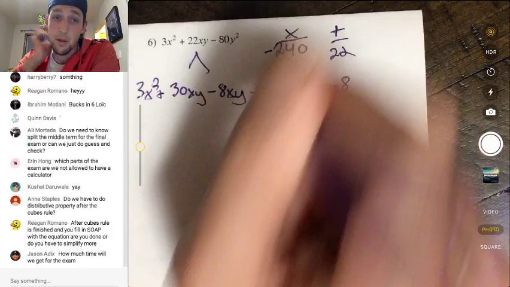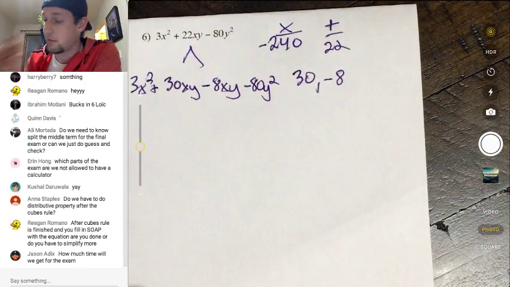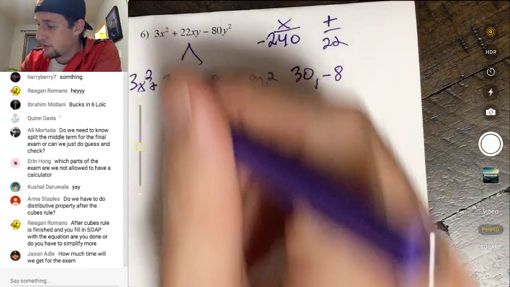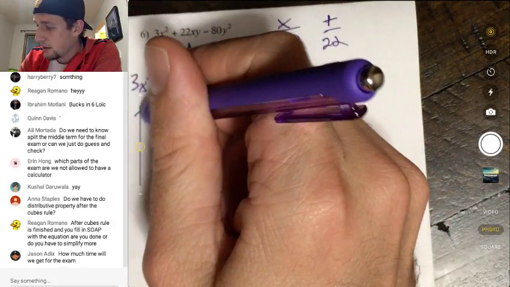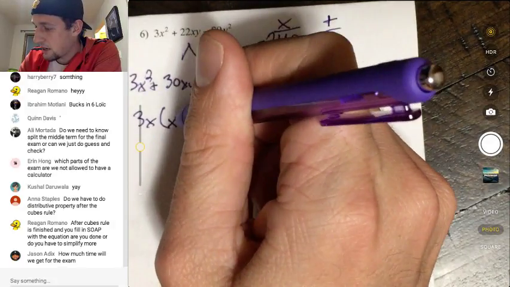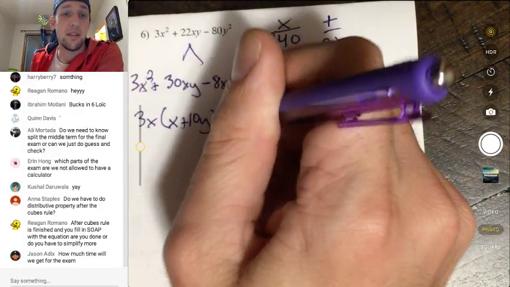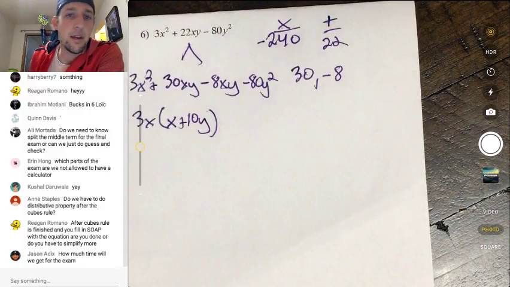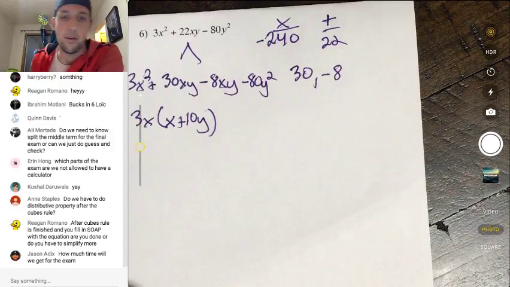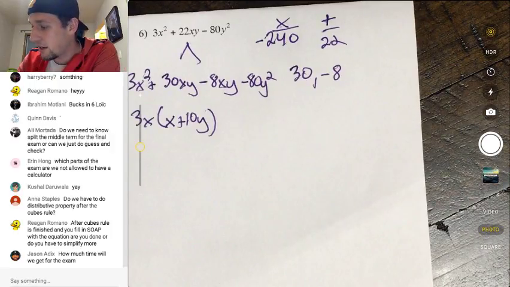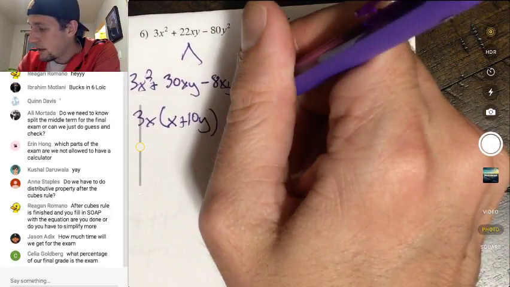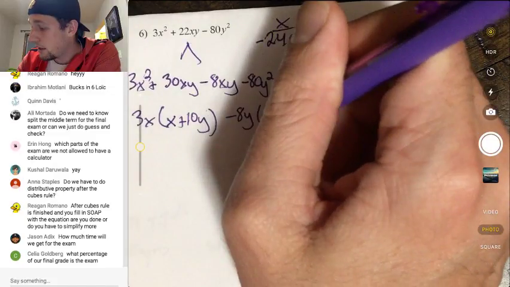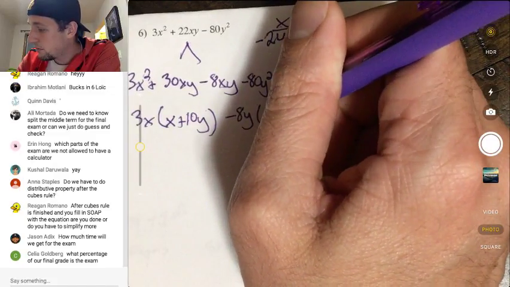Then I'm just pulling out GCFs, same thing as always. I'm pulling out a GCF of 3x, and I get x plus 10y. Notice how I've got some y's left in there. That's fine. Then my second two are both negative, so I'm for sure going to take out a negative. I'll take out negative 8y, and when I do that, I get x plus 10y.